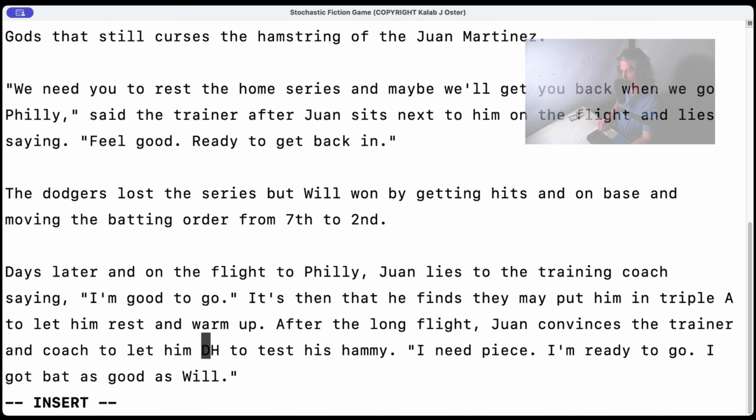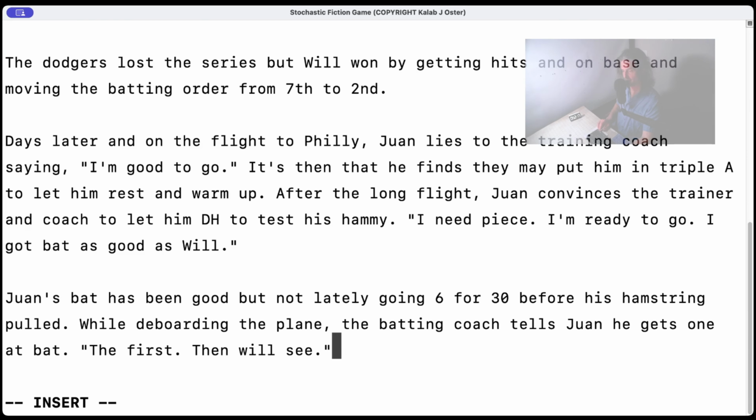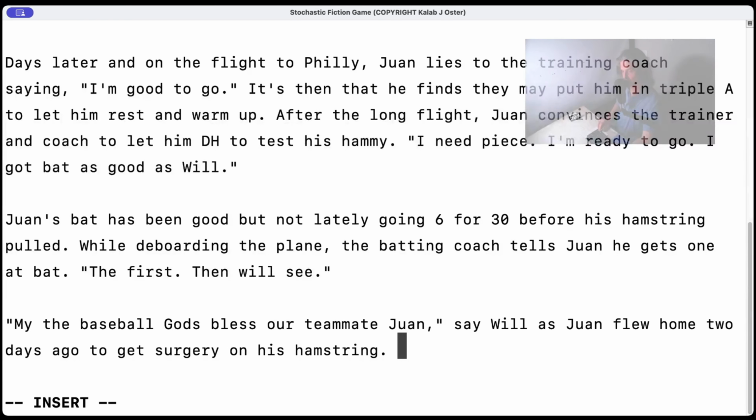"I need this. I'm ready to go. I can bat as good as Will." Juan's bat was good, but not lately, after going 6 for 30 before his hamstring pulled. While boarding the plane, the batting coach tells Juan he'll get one at bat. "The first, then we'll see."